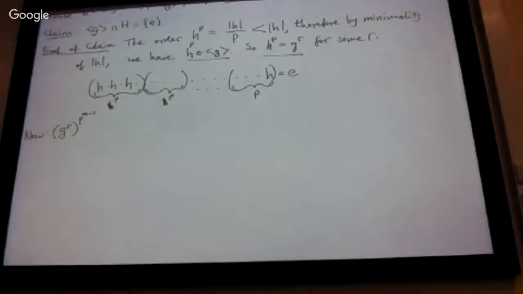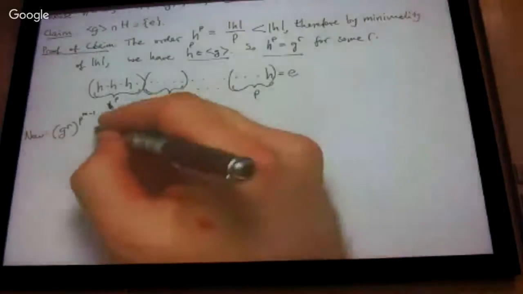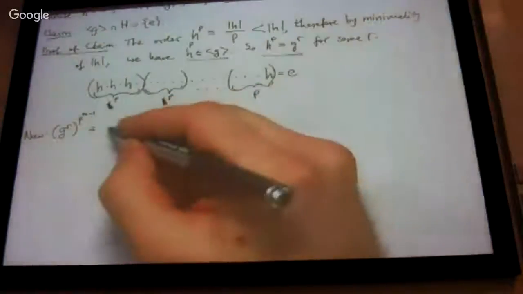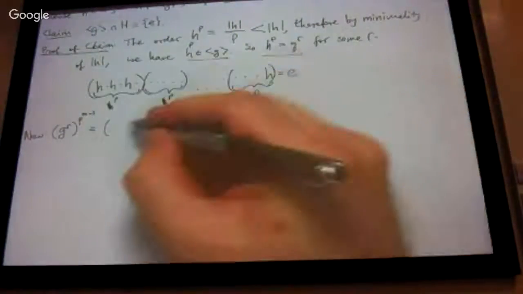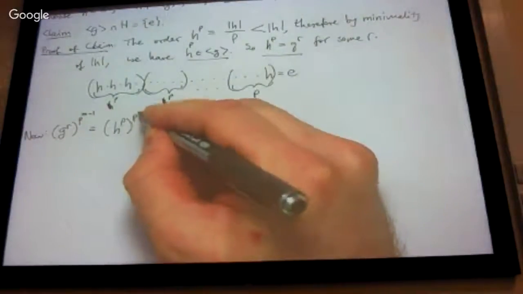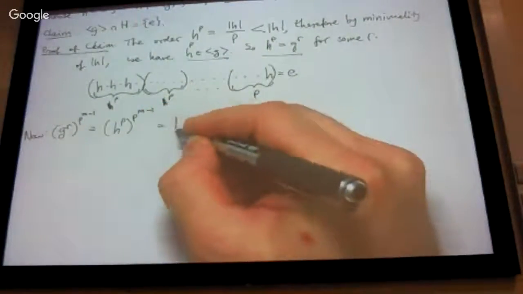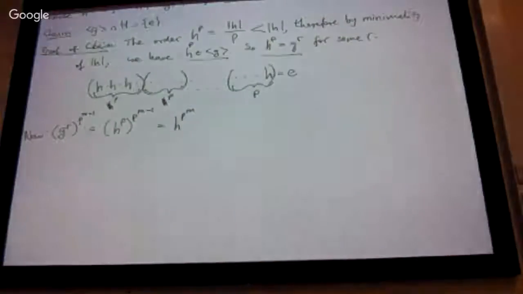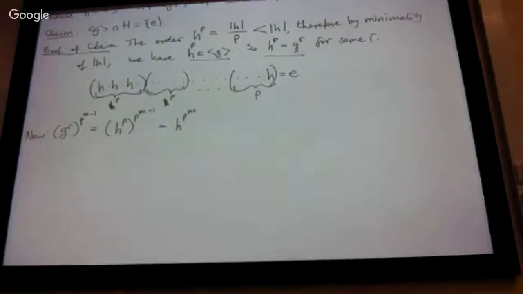That's tricky. What am I getting? Well, g to the r is h to the p, so I'm getting h to the p to the m minus 1, which is h to the p to the m. What is h to the p to the m?